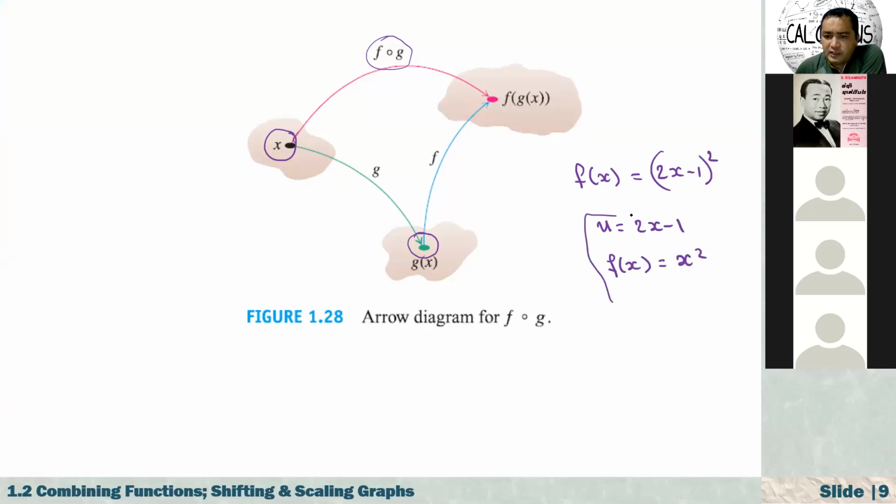Now, if I combine these 2 functions, what do we have here? Let me write here also u of x so that you don't get confused, because u is a function of x. So what is the job of function u?